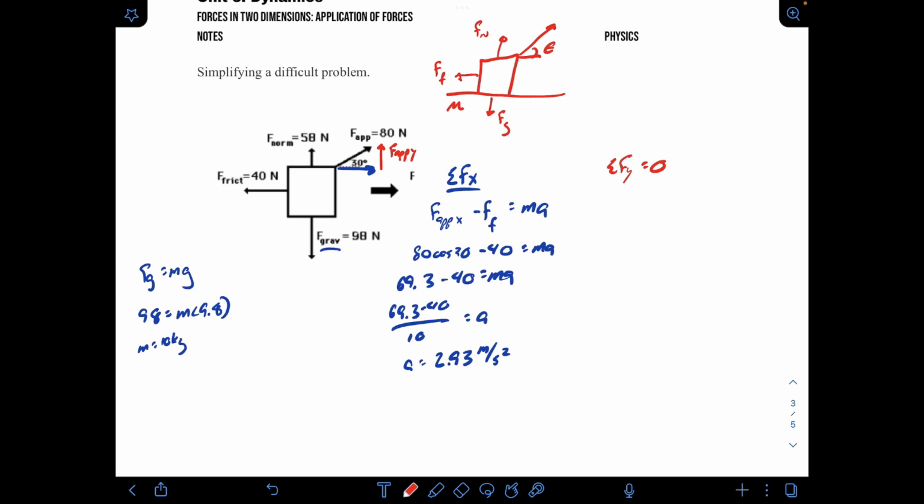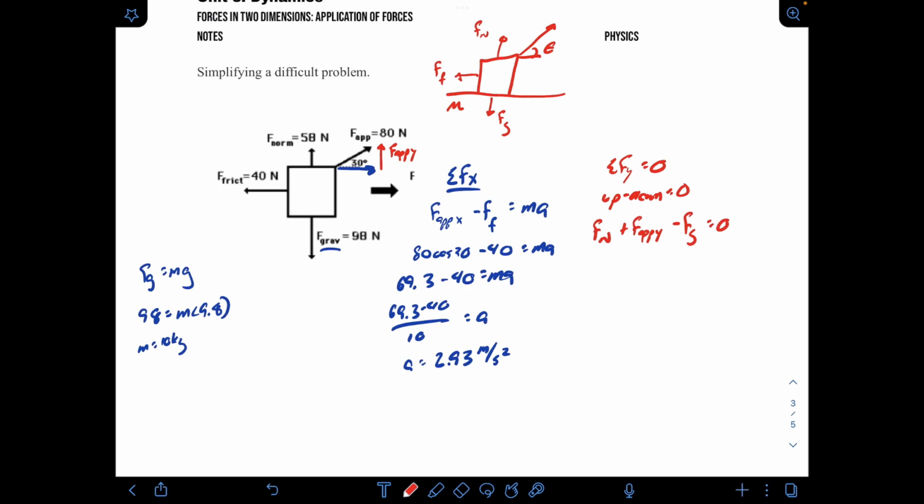So everything going up minus everything going down should be equal to 0. Right? So up minus down equals 0. So I have the normal force, that's pointing up, plus the applied force in the y direction, minus the force of gravity, and that all should equal 0.